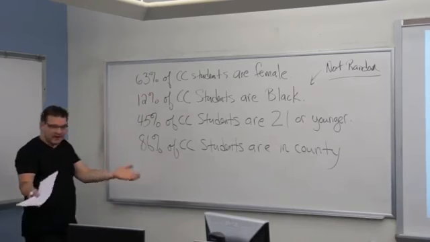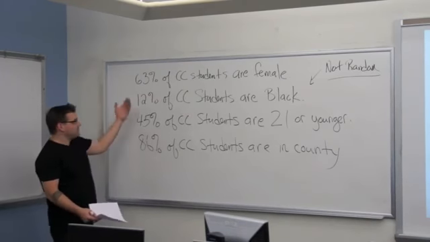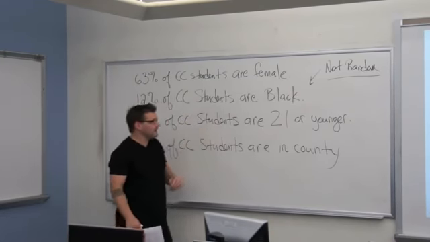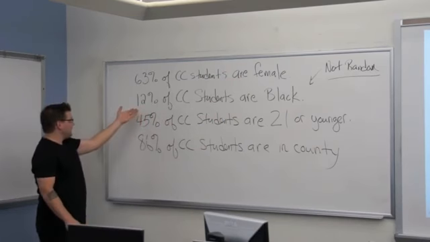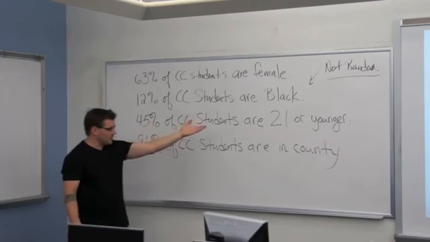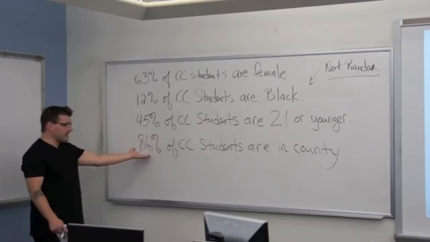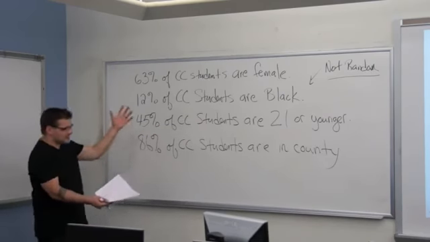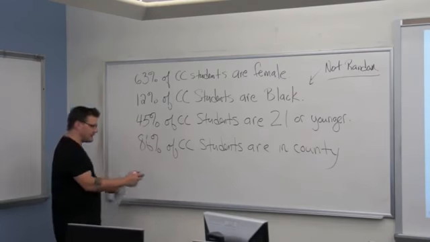Now, I get that sometimes when we take 200 students, you might get a few extra females. Sometimes you might get a few extra black students, maybe a few fewer younger students, maybe a few extra in-county. But on average, the sample will look like the population.